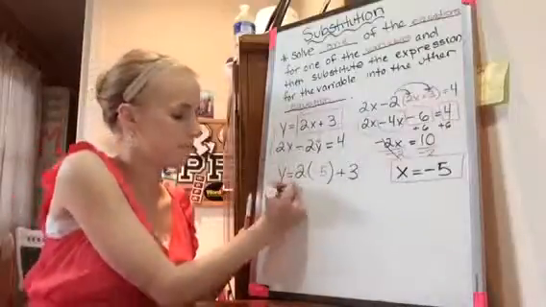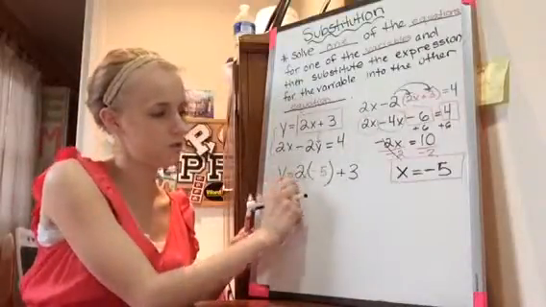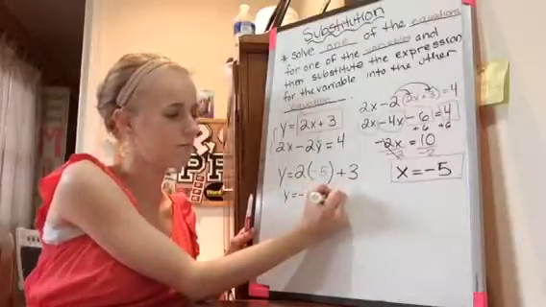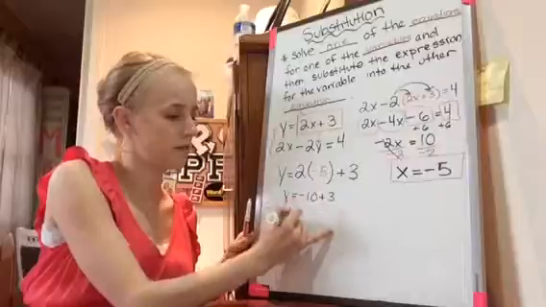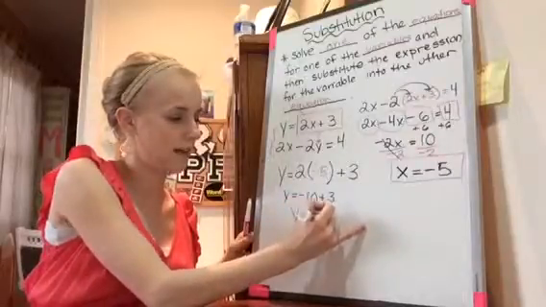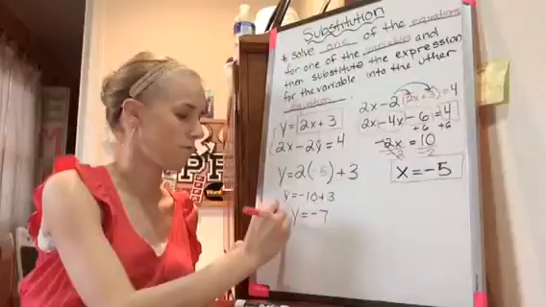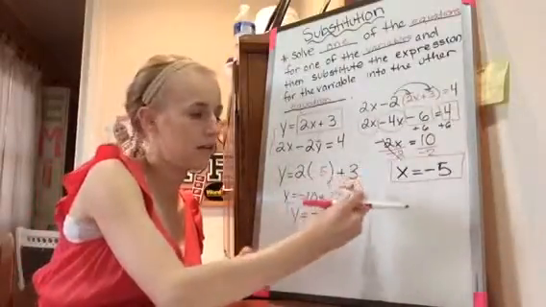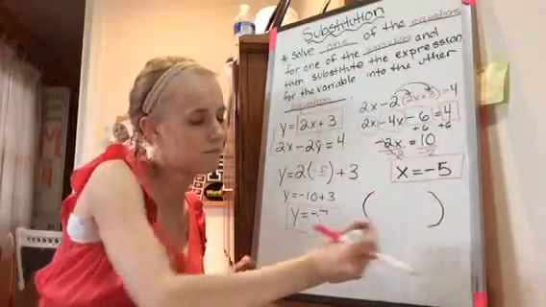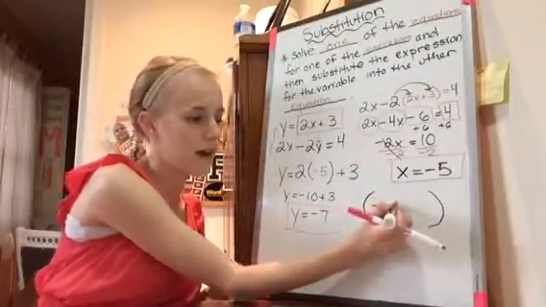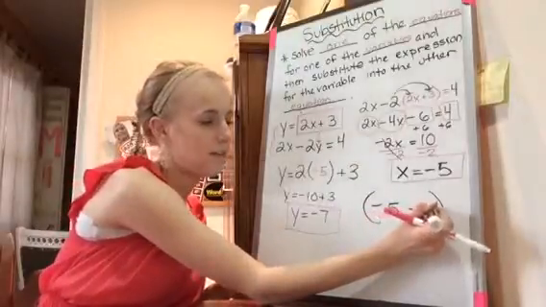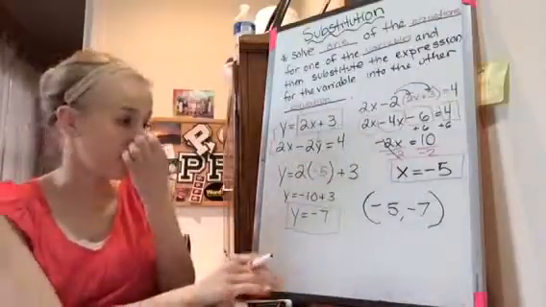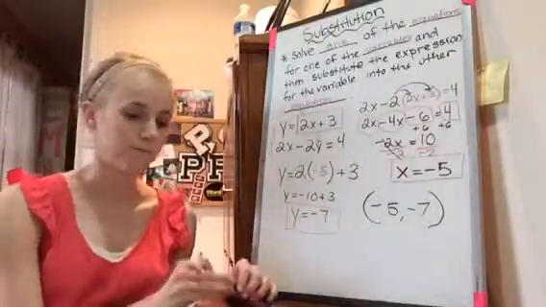Well, if I simplify this, I'll get y equals 2 times negative 5 is negative 10 plus 3. Negative 10 plus 3, y is going to equal negative 7. So my solution to this problem, if I put it in a point type answer, is going to be negative 5, negative 7. And if I were to graph these two equations to double check, they would cross at negative 5, negative 7.